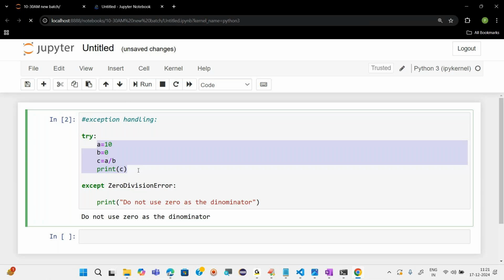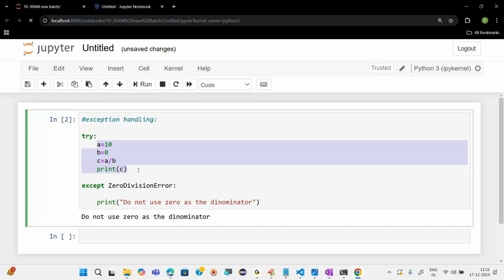For example, let's see a simple example. You go to an ATM, right? When you type the wrong pin, what does it show? Invalid or incorrect pin, right? Now what if you do something wrong over there, and immediately it gives a technical message, will you be able to understand?